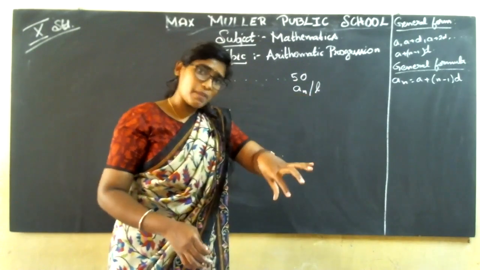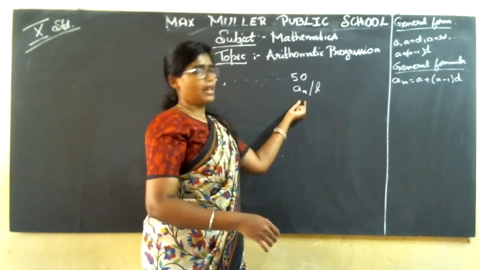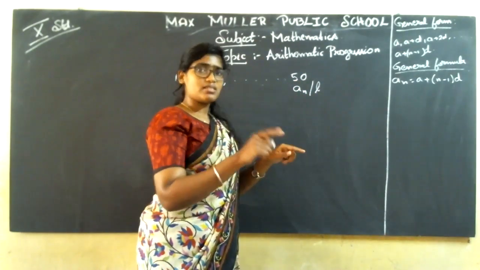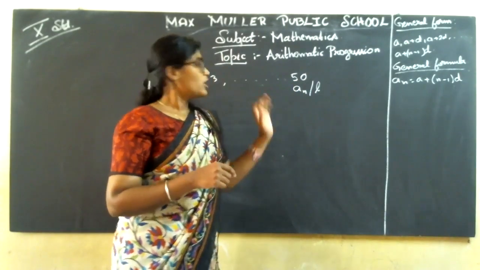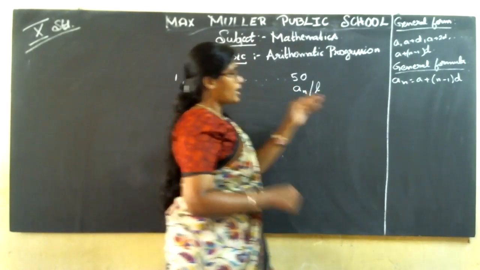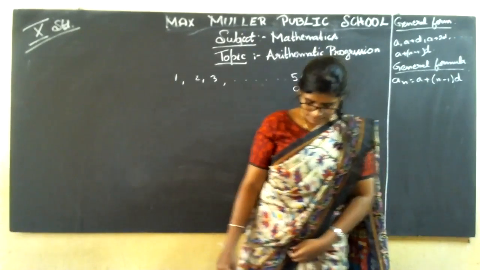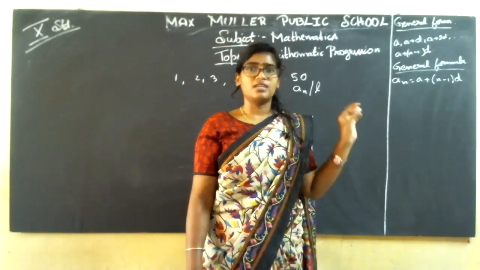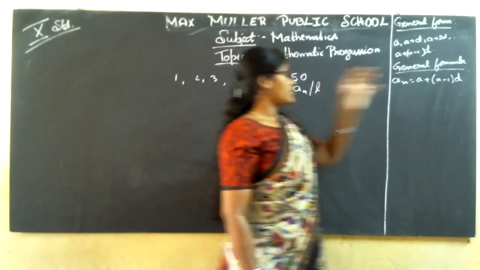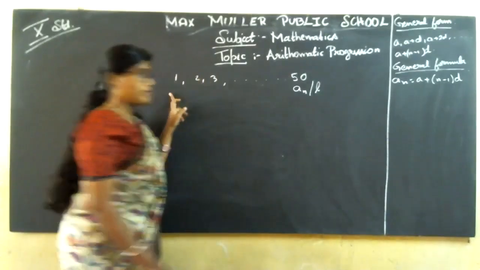The number of lace packets you have taken is N. So there is a difference between the AN value and the N value. Do not get confused. AN is the last term, that is the nth term value. Then what is A? A is always the first term.